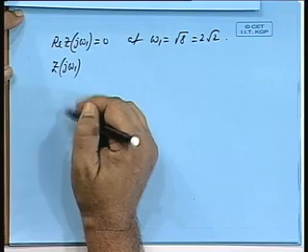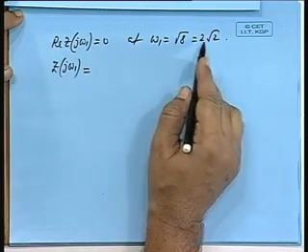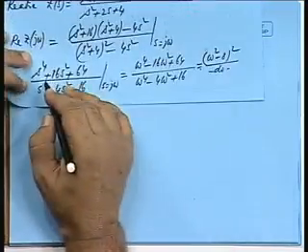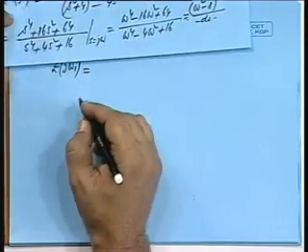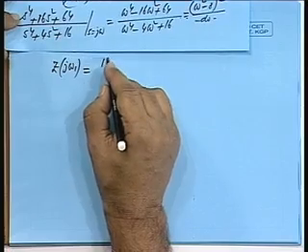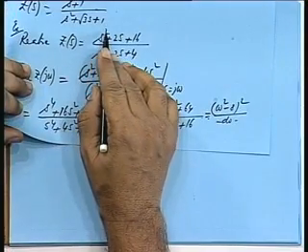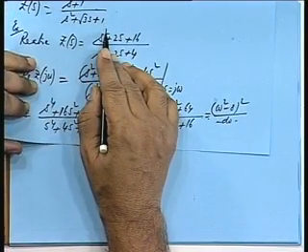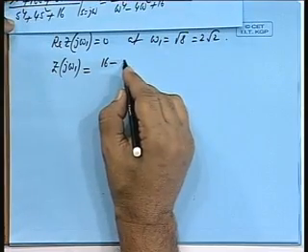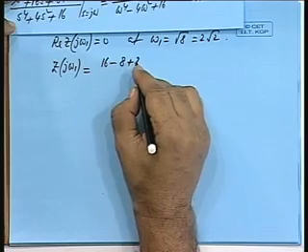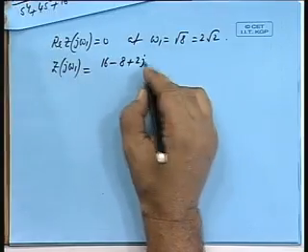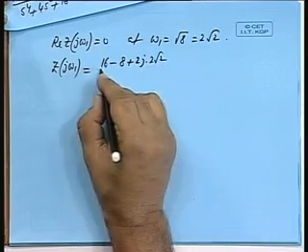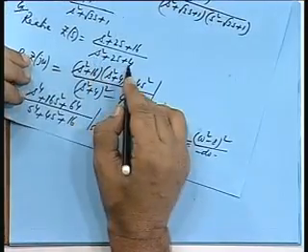So if I put omega equal to 2 root 2 in this, how much is it? 16 minus s squared, which is minus omega squared, that is 8, correct me if I am wrong, plus 2 into s, 2 into j into 2 root 2, divided by s squared plus 4.